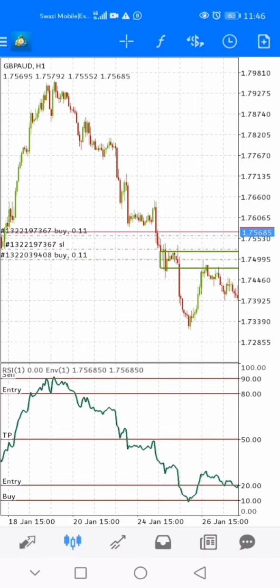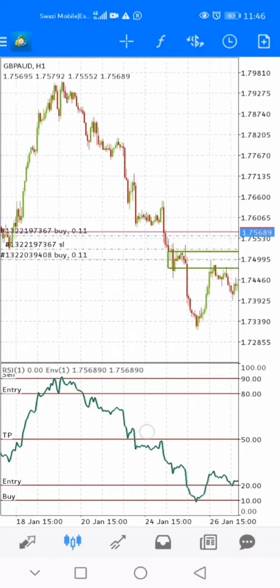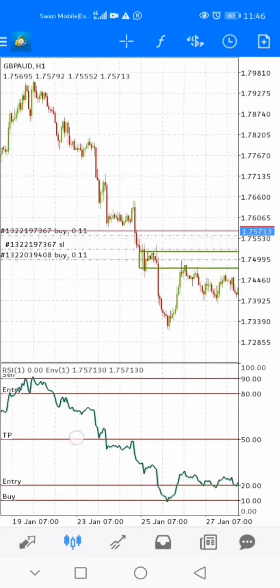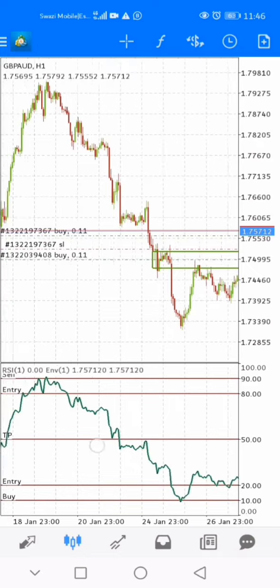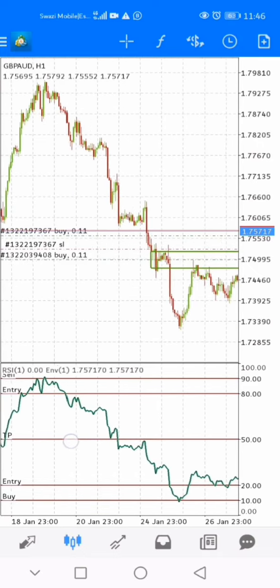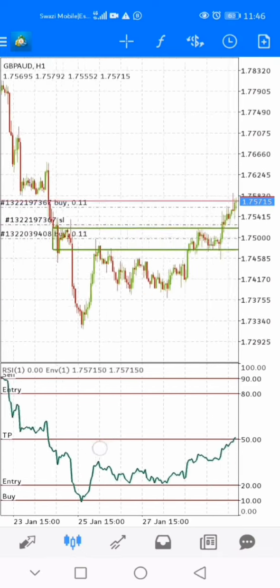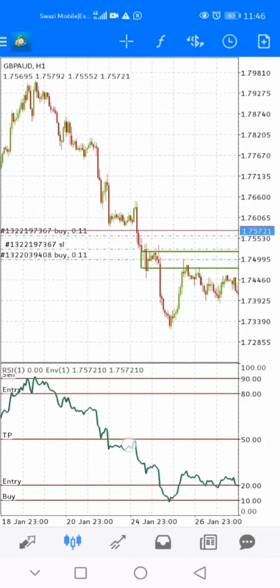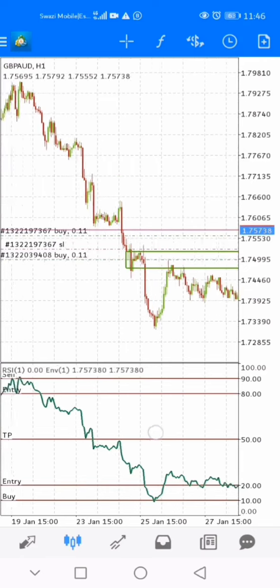You first check if price has really touched the 10 line level. You move this back and forth to see if it is not repainting, because sometimes when you move this back and forth, you find that the envelope has not touched the 10 line level. It moves up or down as you move this.